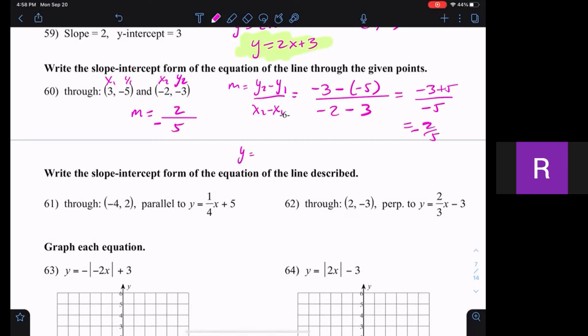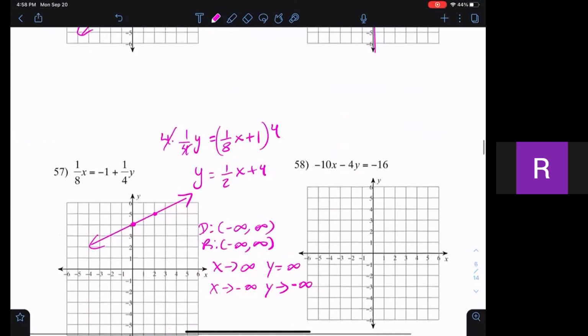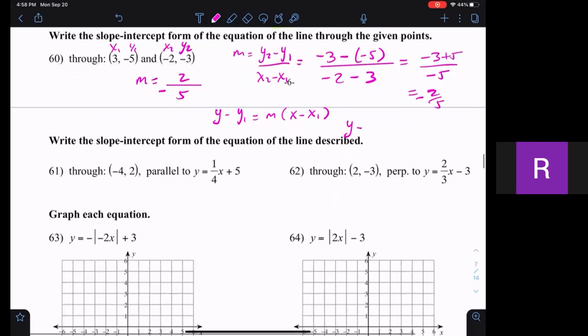So y equals, now you can use point slope form. y minus y1 equals m times x minus x1. What is y1 here? You can use any point you want. So y1 here is -5. So that's going to be y minus -5 equals the slope -2/5 times x minus x1, which is 3. So that's going to be y plus 5 equals -2/5 x plus 6/5.